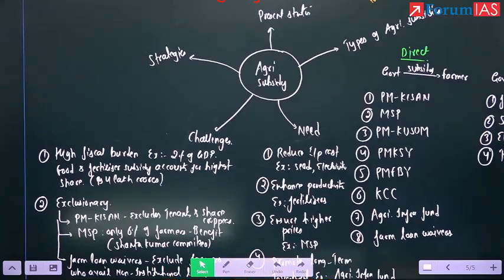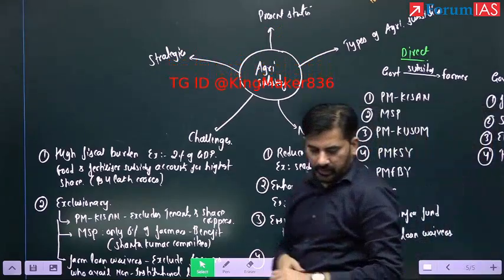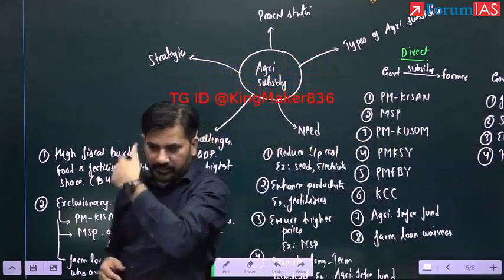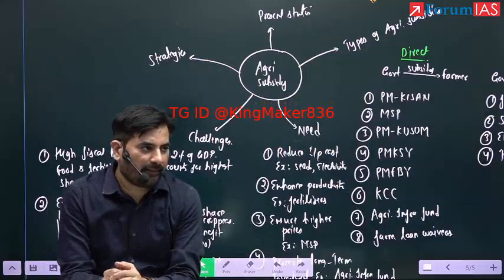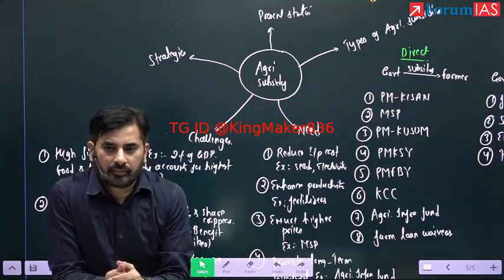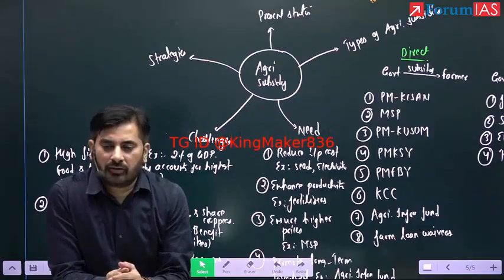Rationalization. So presently, the government spends more money on subsidies as compared to gross capital formation.